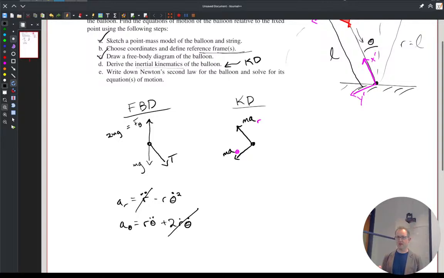Degrees of freedom, right? We have a constraint. We assumed it was a point mass, so a point mass only has 2 degrees of freedom, but we're saying R is constant, 1 constraint.